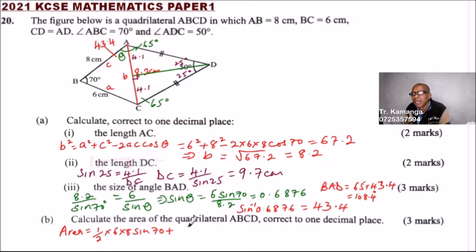Do we have the height? We don't have the height, so we have this angle. So what do we have here? We have base times height. We can get the height somewhere here.